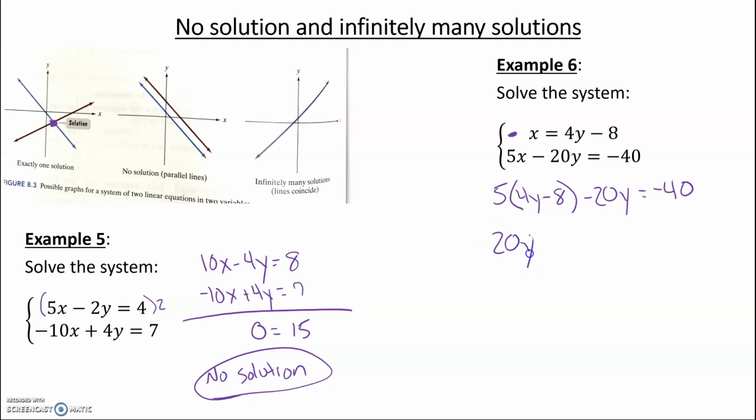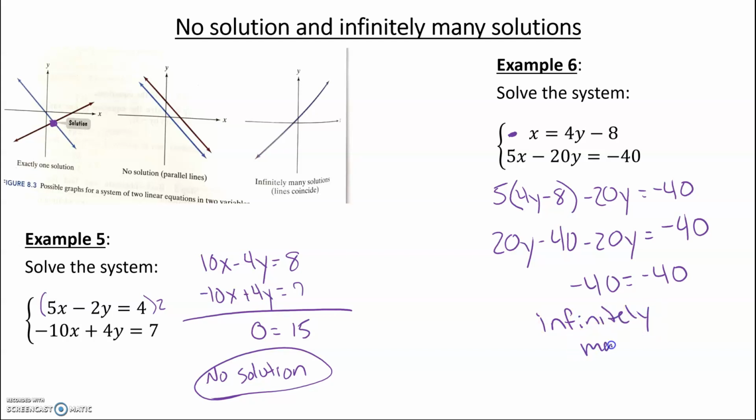Distribute. 20y minus 20y winds up canceling out, so you have negative 40 equals negative 40. This is the case of infinitely many solutions.